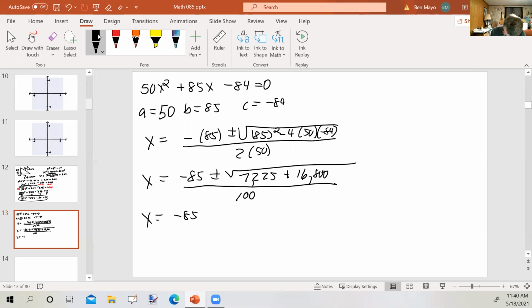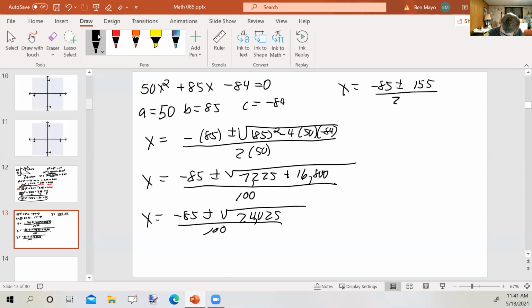X equals negative 85 plus or minus the square root of, let's see, 16,800 plus 7225, 24,025 all over 100. X equals negative 85 plus or minus, and the square root of 24,025 is 155. There we go, all over 100.